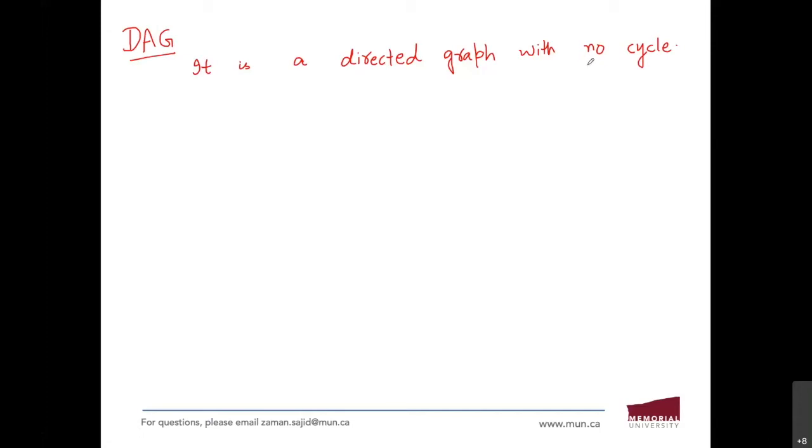Now this is important in this definition, because if you look at this abbreviation, directed acyclic graph, that means it should not have any cycle in the network. Now what does it mean?